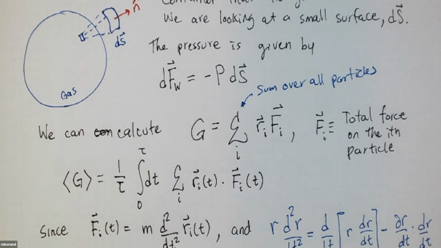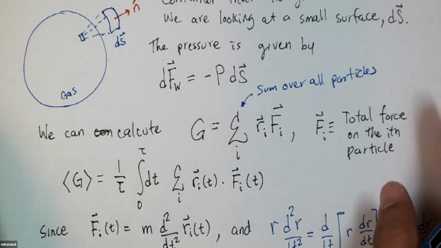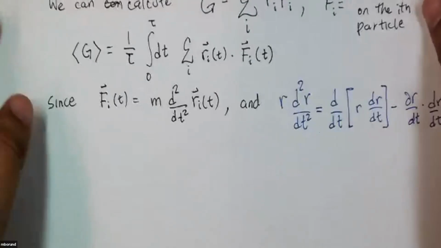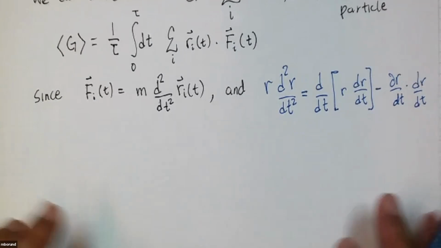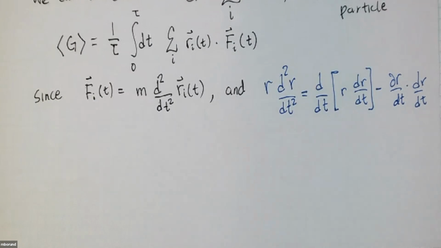So there's this calculus reference down here, right? Since we can do that, and you guys remember those kinds of identities from calculus 2, right? Or is it calculus 3? All right.